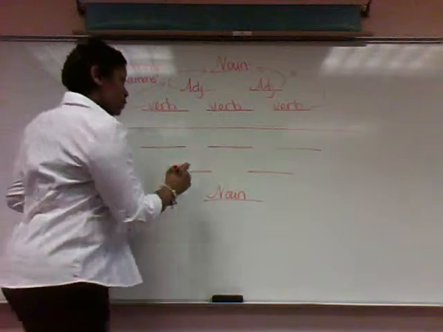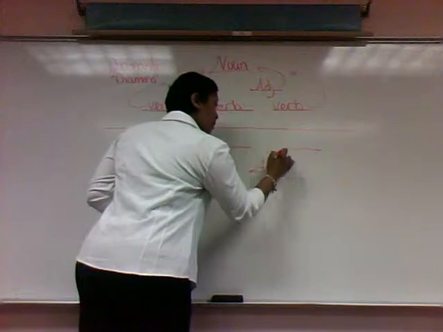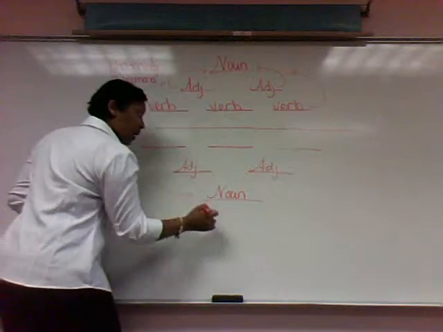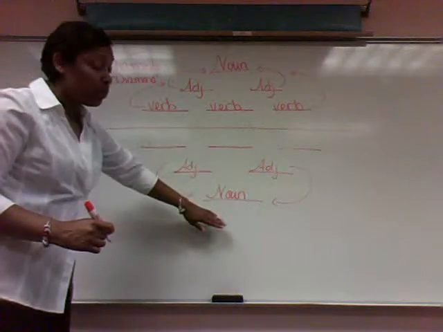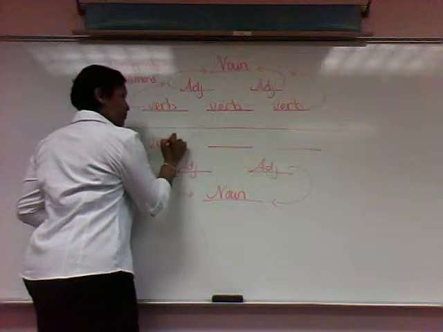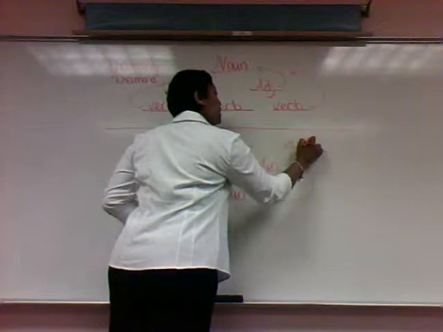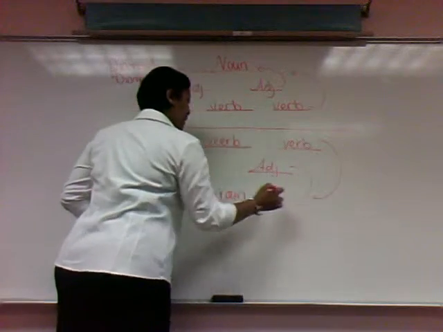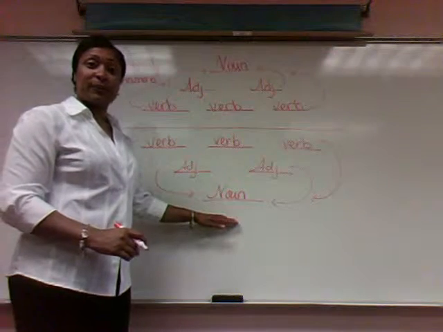Then we're going to have 2 adjectives that describe it. But remember, they describe this noun at the bottom. Everything below points downward. Then we're going to have some verbs. Again, these are the action words that tell what that noun does. And it is pointing down to our noun here.